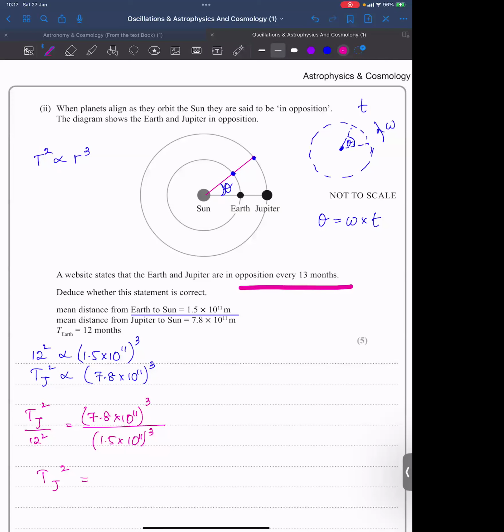Is the T_J square, is the T_J 142.3 months? I'm getting 142.29. Huh? 142.3, right?